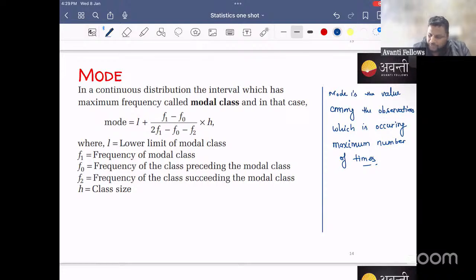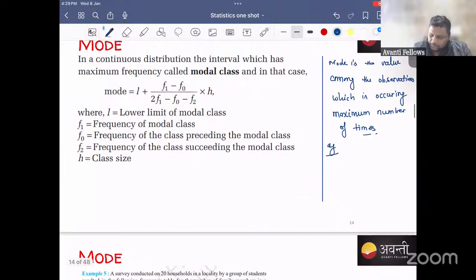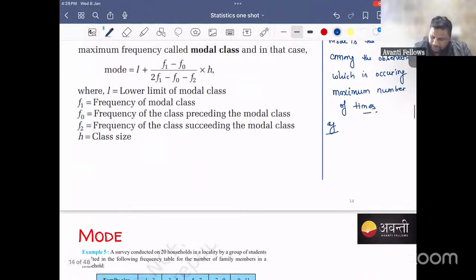Now, for example, if I take a very simple example, say this is number of wickets, and here it is number of matches.